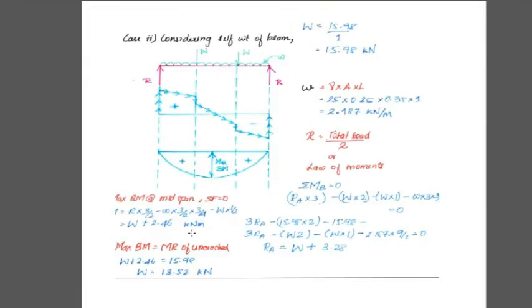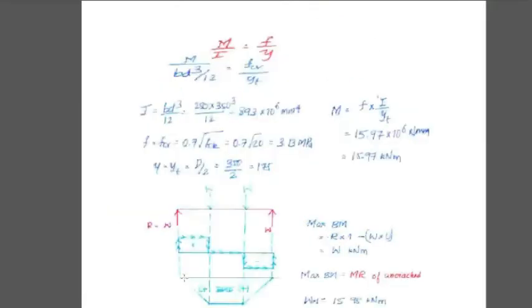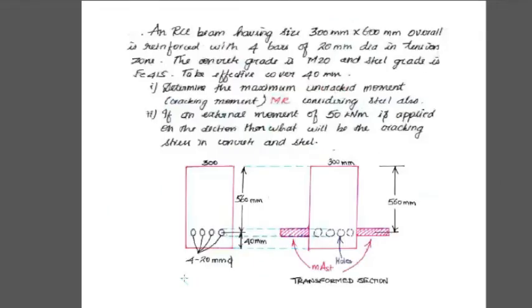After substituting this, we are getting moment equal to W plus 2.46. Then equating both, the moment about A and the moment about the center, we are getting the value of W as 13.52. So this is the case which was asked in the IES examination 2018.